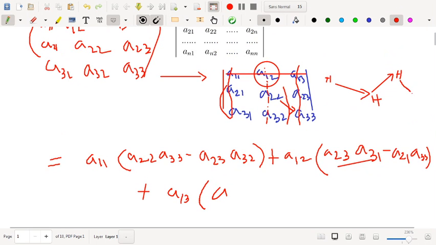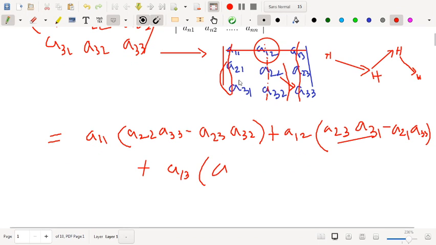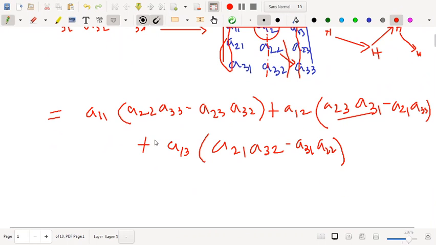Again the rule is heaven to hell. In the first case you have heaven to hell, then hell to heaven, and in the last case heaven to hell again, because you are suppressing the third column. So you have A21 A32 minus A31 A22, right.